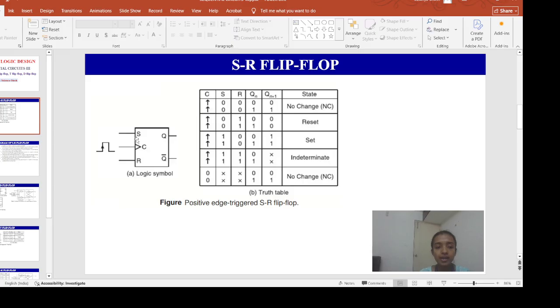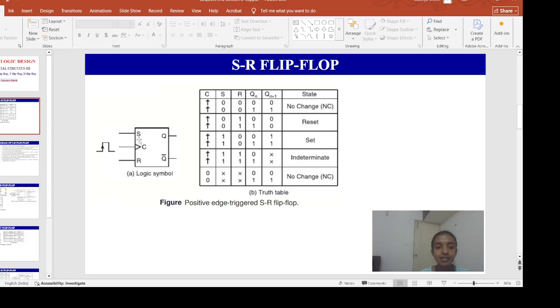The S and R inputs of the SR flip-flop are called the synchronous control inputs because data on these inputs affect the flip-flop's output only when the triggering, positive-going edge of the clock pulse appears. Without any clock pulse, the S and R inputs cannot affect the output.